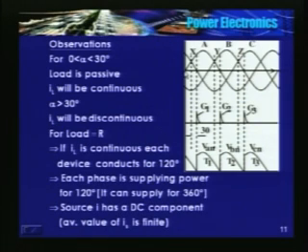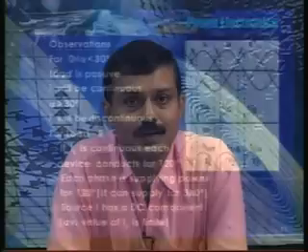Beyond X, VCN is less than VAN. So the voltage across the thyristor is VAN minus VCN. And the magnitude of VAN is higher than VCN. So therefore a positive voltage appears across the thyristor.